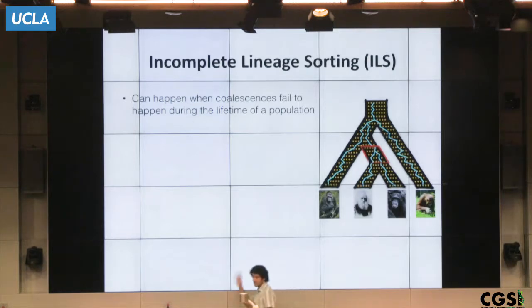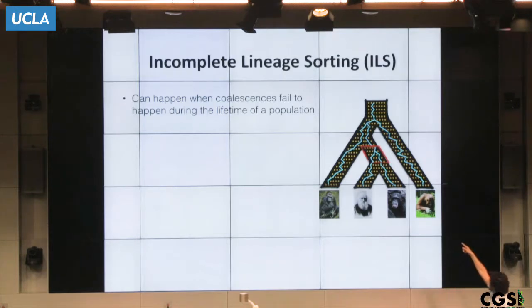Okay, so this is the last one, the one that I work on most and is maybe most interesting to people who do population genetics: incomplete lineage sorting. So this has already been mentioned. Let me just repeat what it is. Incomplete lineage sorting is sort of what you can get from coalescence not happening.